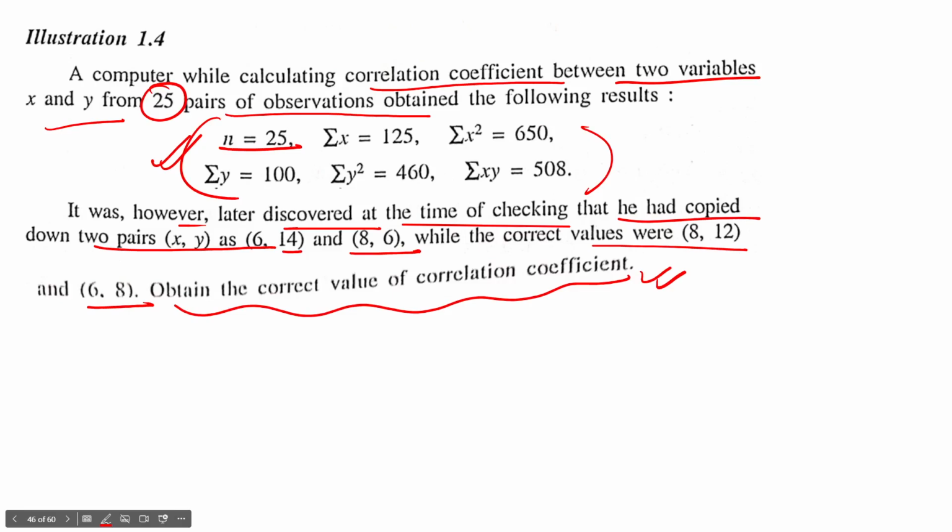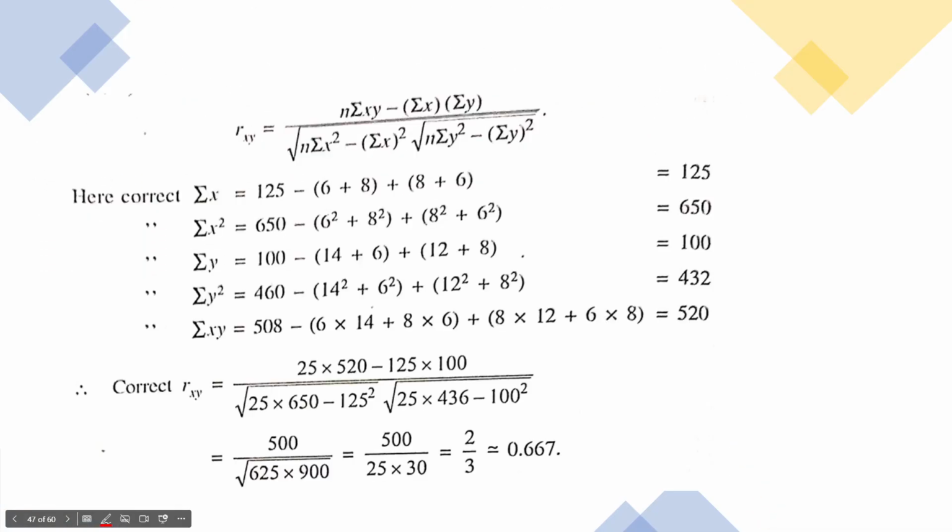So this question is similar: you have to correct the correlation coefficient because two pairs of data were miscollected or misrecorded, and they should actually be 8, 12 and 6, 8. Now what to do?